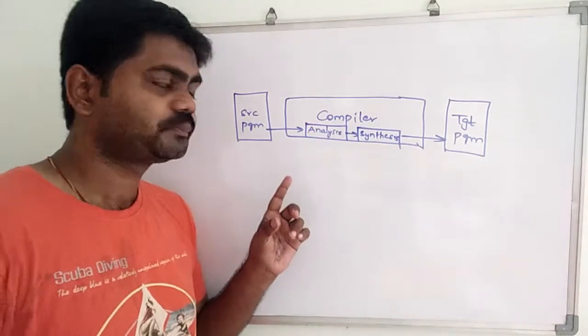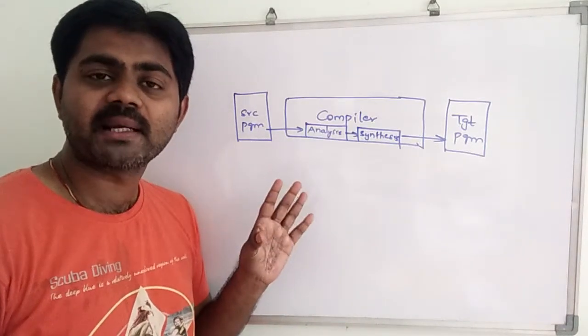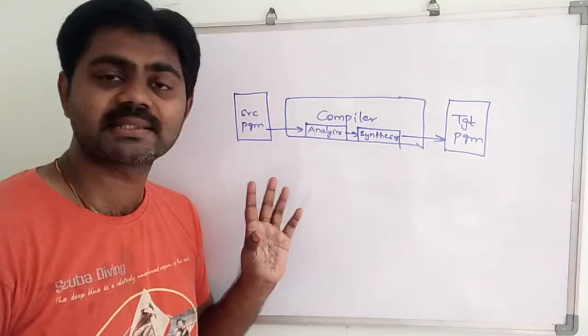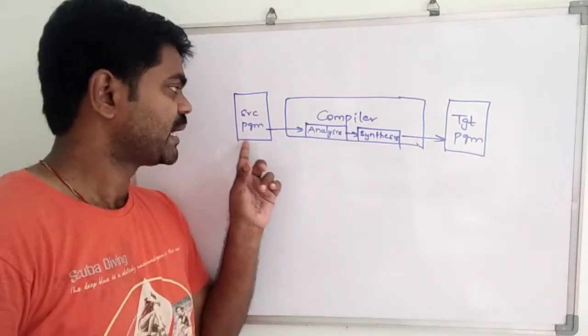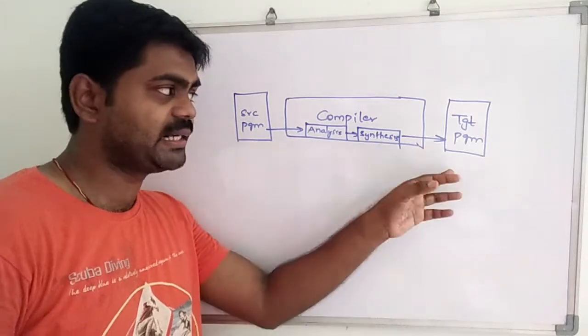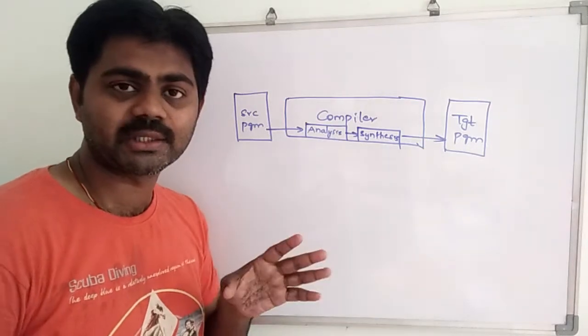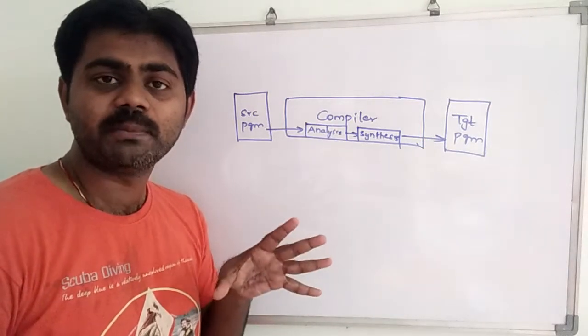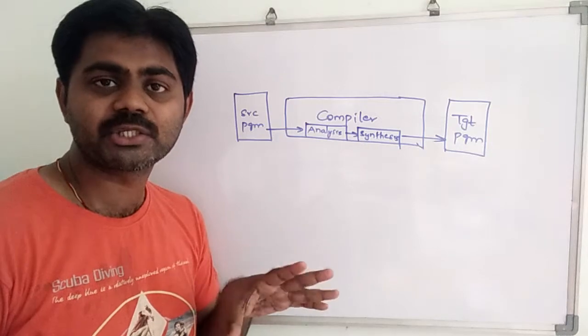As I said, a compiler has two phases: analysis and synthesis. I have a source program and I need to generate a target program, so in between I have a compiler that does that job.